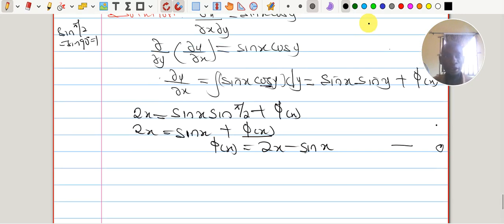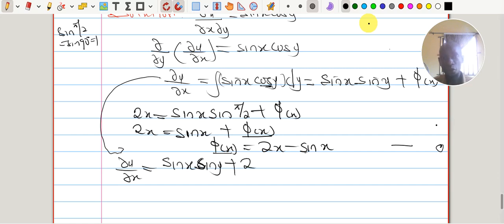So I can have my du/dx to be sine x sine y plus 2x minus sine x. Now let me integrate this, sine x sine y plus 2x minus sine x, with respect to x.